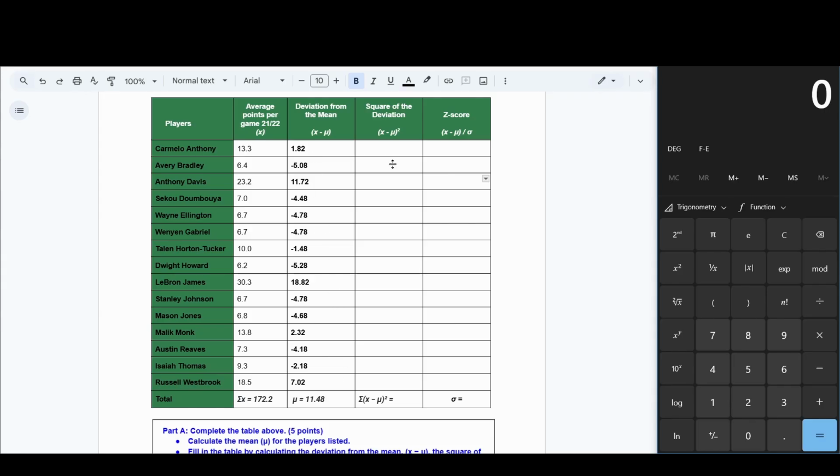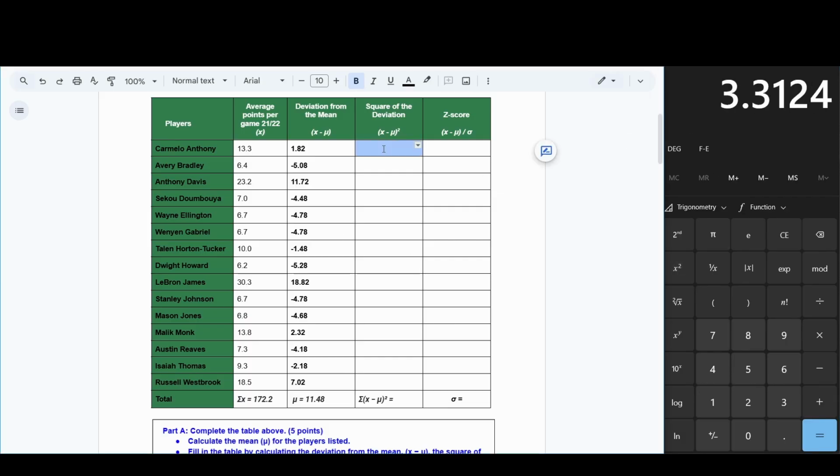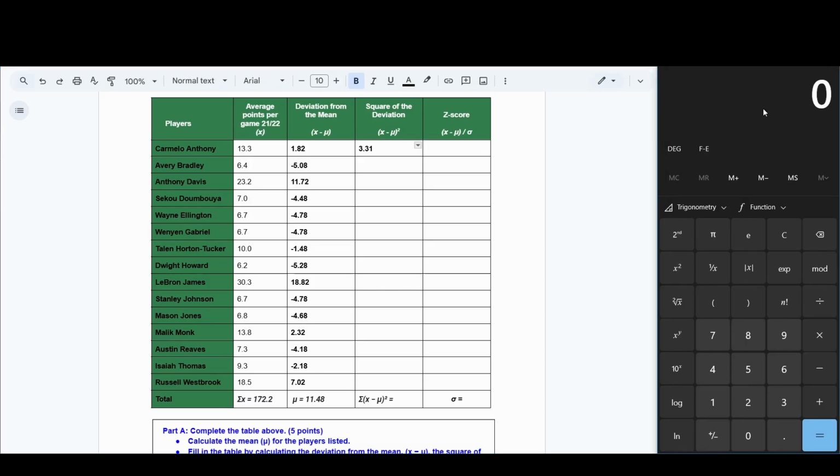For the next one, we're going to do the square of the deviation. So I'm taking this number, 1.82, and I'm going to square it. And I get 3.31. Again, let's just round to 2 decimal places. Next, I've got negative 5.08.